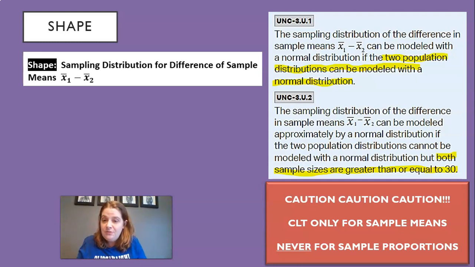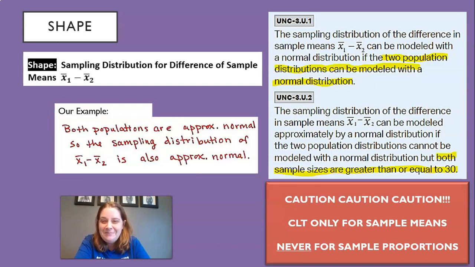For the difference of two means, if both populations are normal, then the sampling distribution of the difference will also be approximately normal. And if it's not, then the central limit theorem comes into play as well. So if you can't say the populations are approximately normal, you can still get a normal distribution as long as both sample sizes are large enough. In other words, as both sample sizes are bigger than 30.